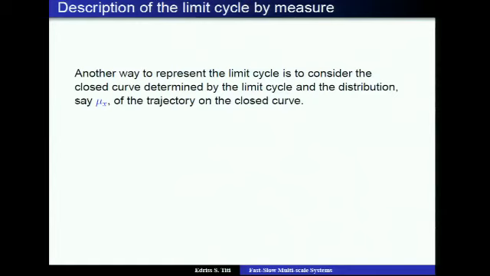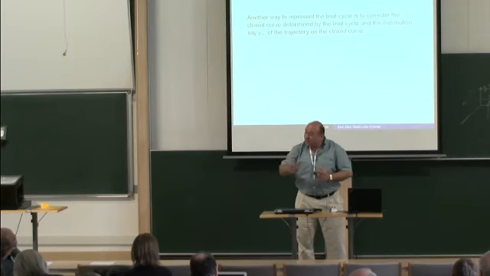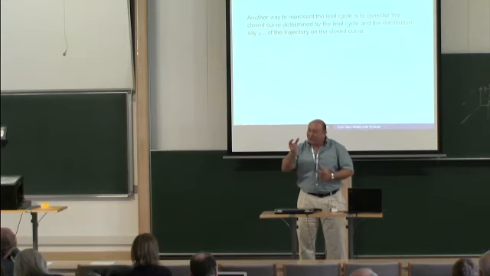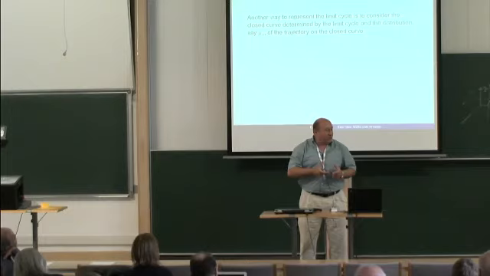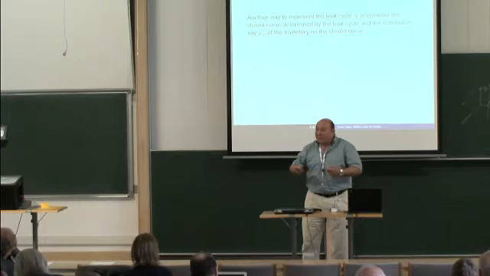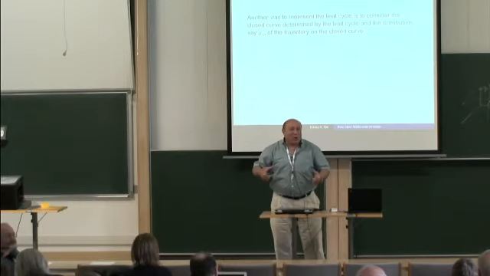However, because I'm interested in dynamics, it's not enough to say that the limit cycle is a loop. I would like to know when I go fast on the loop and when I go slow. I would like to know how much time I spend on this portion of the loop, and on that portion, because after all, I would like to represent dynamics, not just say, oh, I have a tube.